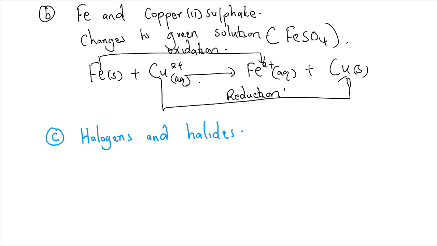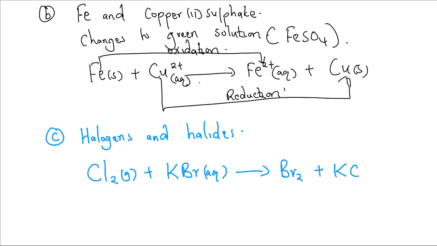So we shall have the reaction as follows: chlorine gas plus potassium bromide leads to bromine gas and potassium chloride. To balance the equation, we have 2 there, 2.